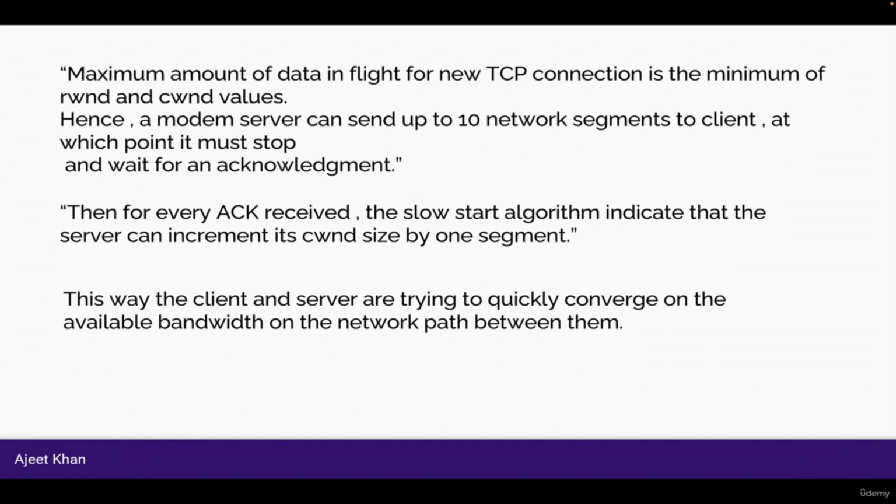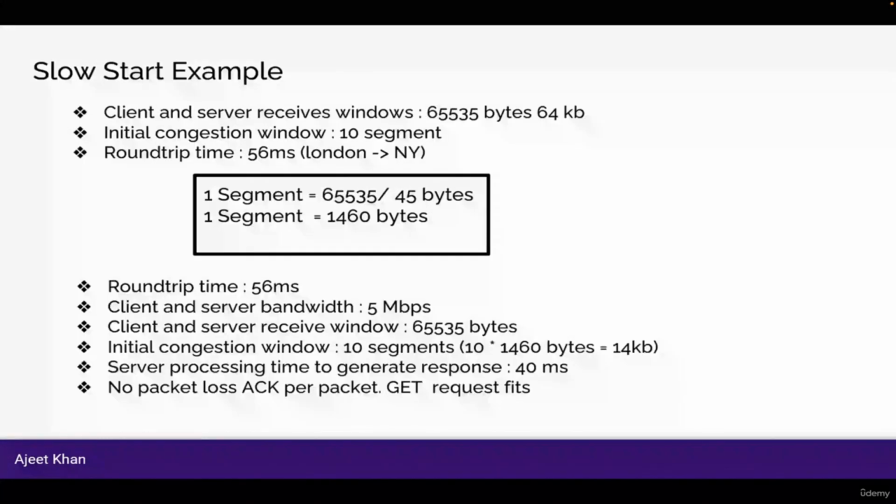At some point it will start streaming at the maximum available bandwidth. This way it is not overwhelming or congesting the network, and it is efficiently using network bandwidth. I hope you now have a better understanding of what slow start is.